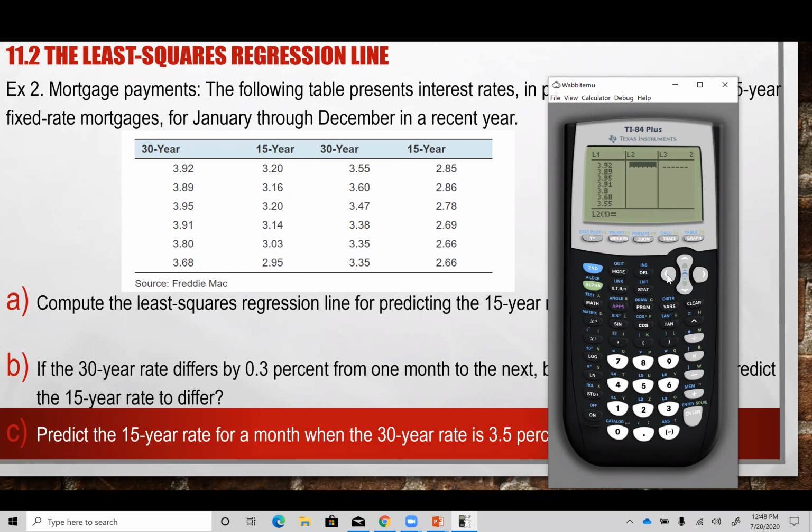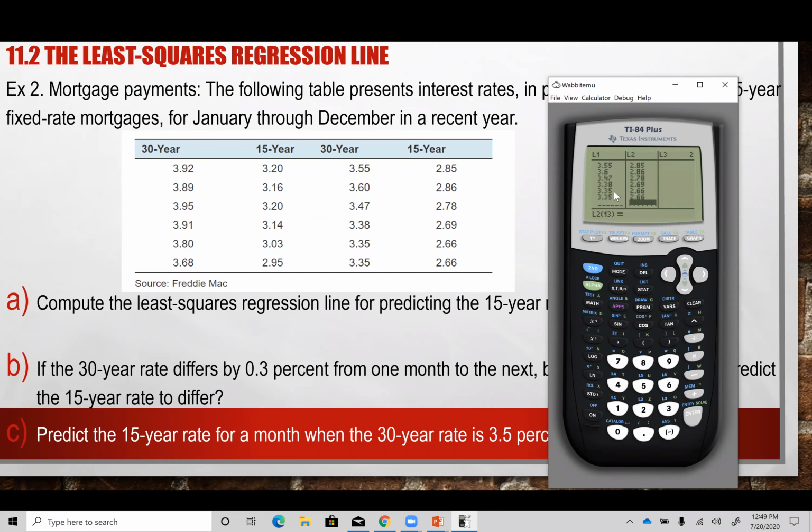And I need to type in the 15 years as my L2, or my Y items, which is 3.2, 3.16, 3.2, 3.14, 3.03, 2.95, 2.85, 2.86, 2.78, 2.69, 2.66, and 2.66.